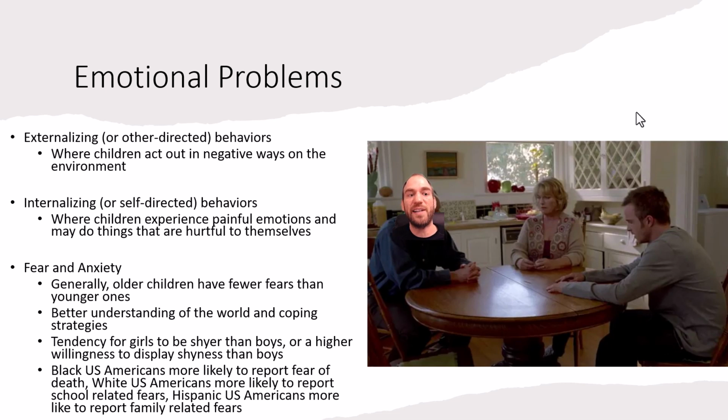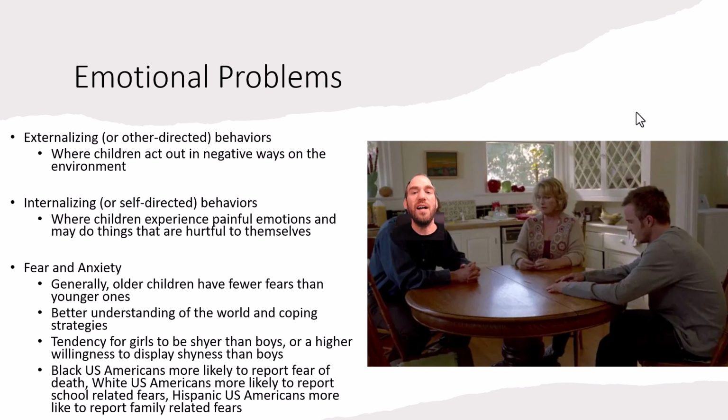Boys are more likely to have externalizing behaviors, although both boys and girls can have either set of disorders. One possible reason for this, among many other ones, is that girls are maybe more socialized to internalize their emotions and not rock the boat as much, and thus you have to swallow those emotions, which may contribute to internalizing behaviors.